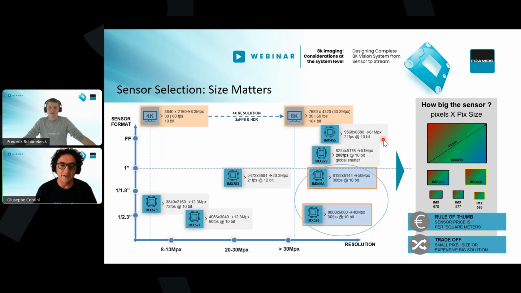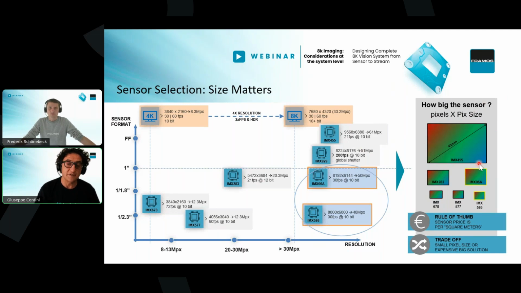This is a very nice image sensor. It's even more than 8K, 61 megapixel, but it's 43 millimeter. Here you have the size of the image sensor, scaled, and you can see how big this guy is.